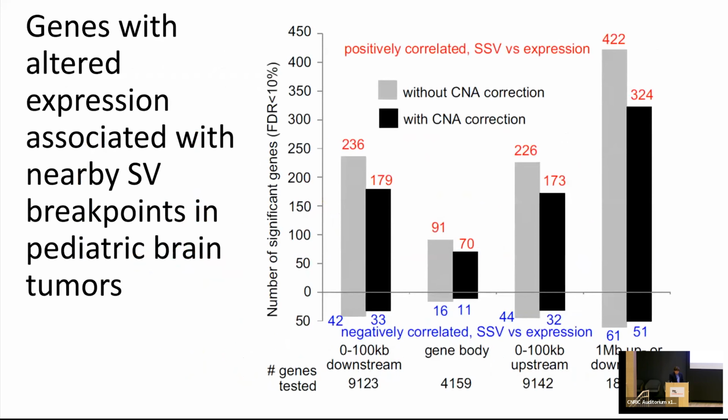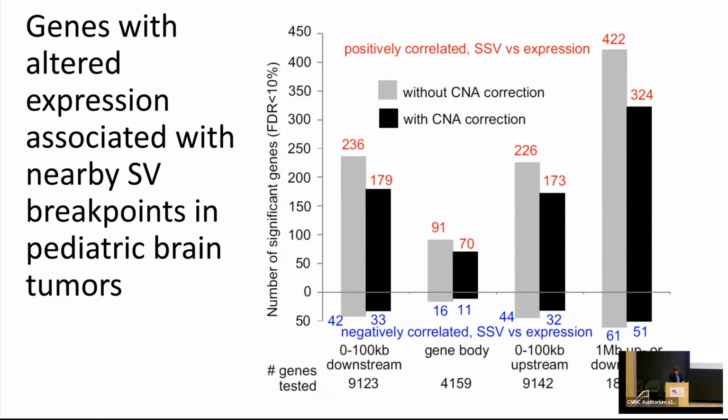By our analytical approach, we could identify hundreds of genes with altered expression associated with nearby SV breakpoints in pediatric brain tumors. Shown here are the numbers of statistically significant genes with an association between a nearby SV breakpoint and altered expression. Here we're looking at 4 different genomic region windows in relation to genes.